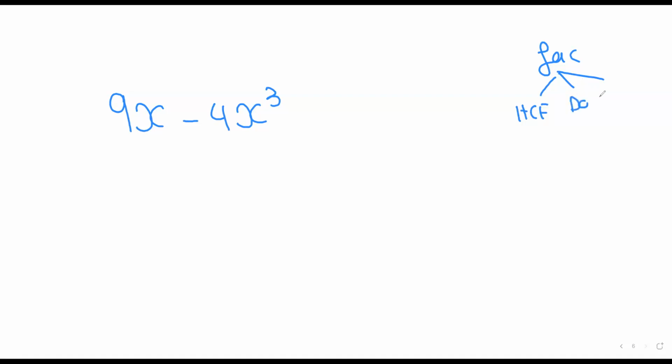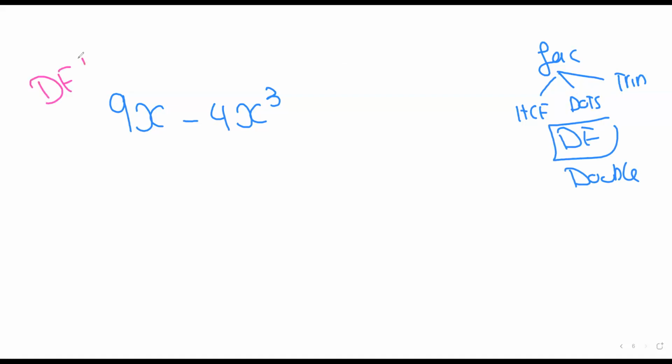Then you ask if it's difference of two squares, and then you ask if it's a trinomial. We also discussed the double factorization questions, in which you can factorize twice, which is the case here. So the first step in my factorization, as we always said, is the highest common factor. Here, I can take x common, and what remains is 9 minus 4x to the power of 2.